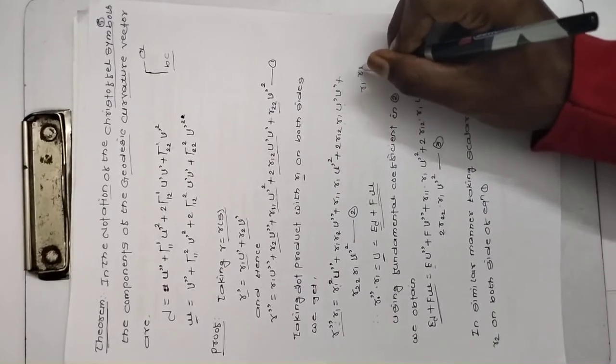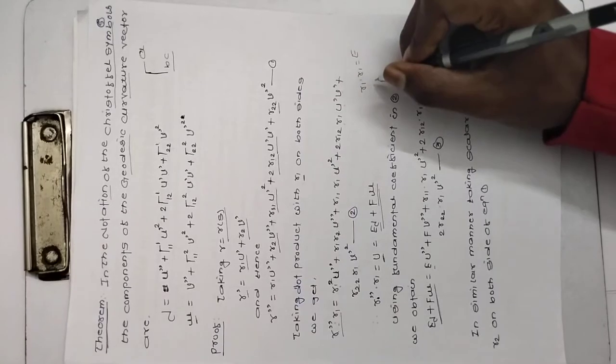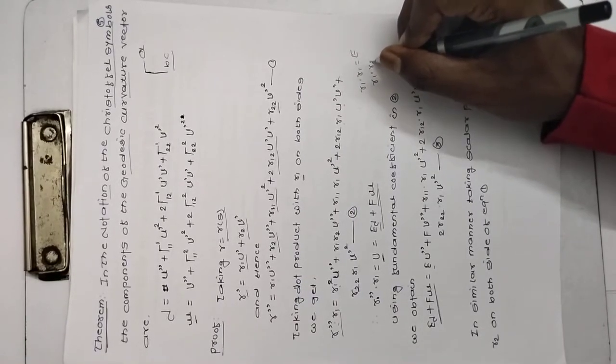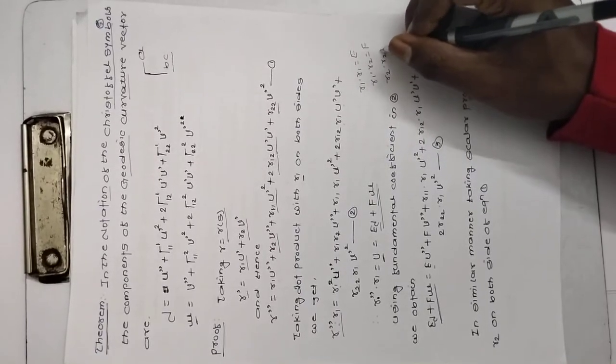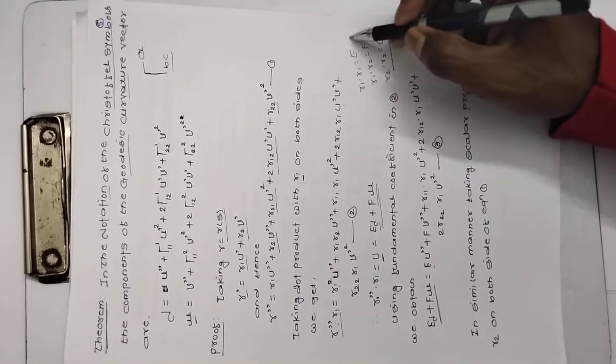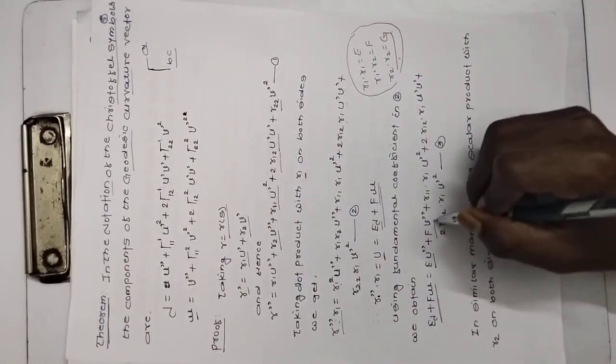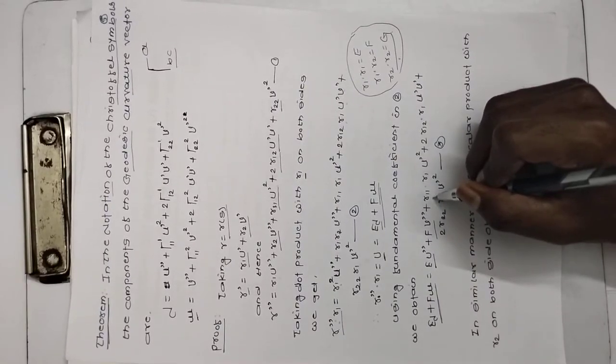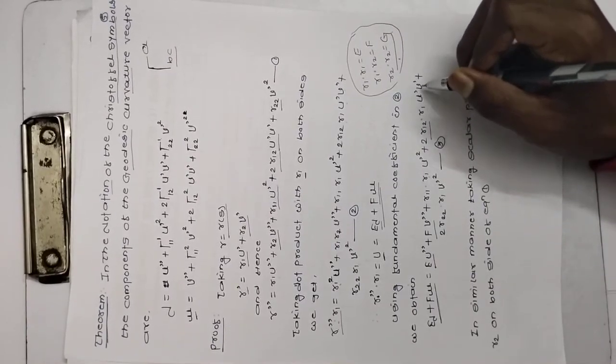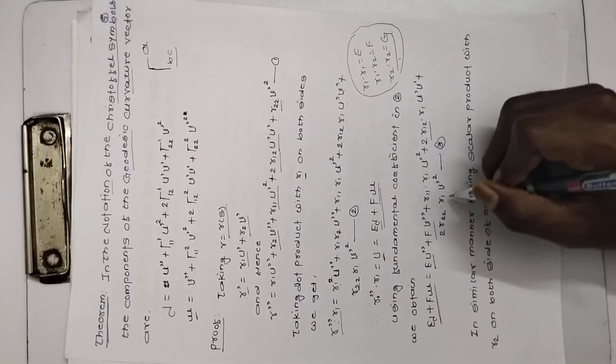By fundamental coefficients, r1 dot r1 is equal to E, r1 dot r2 is equal to F, and r2 dot r2 is equal to G. These are the fundamental coefficients. So E u double dash plus F v double dash plus r11 dot r1 u dash square plus 2 r12 dot r1 u dash v dash plus r22 dot r1 v dash square. This is equation 3.